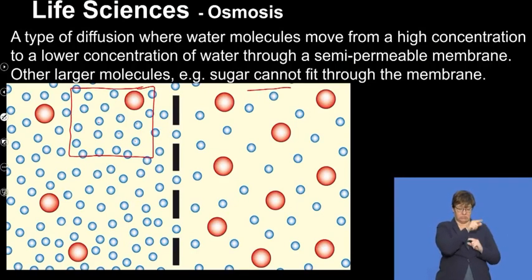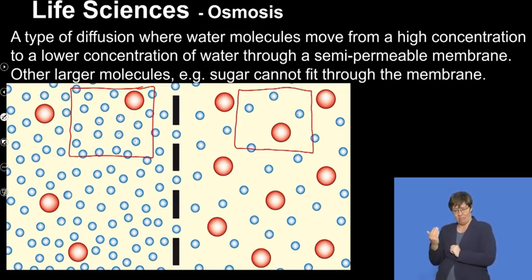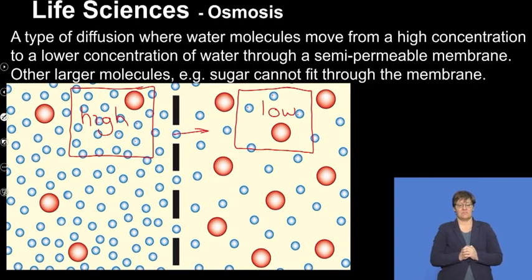In a square the same size on the other side of the membrane, we have fewer molecules. So this is a high concentration, this is a low concentration, and as you can see, the water molecules are moving through the little gaps in the membrane from a high concentration to a low concentration.